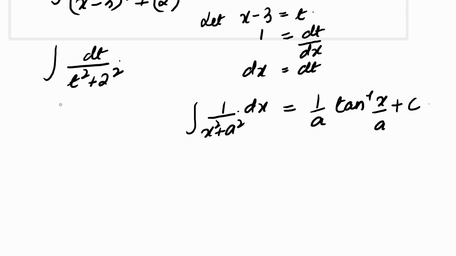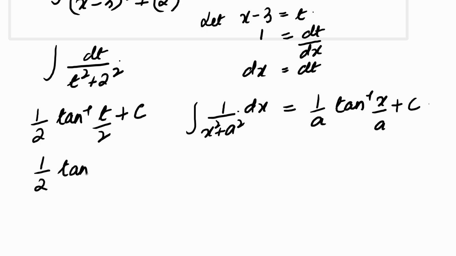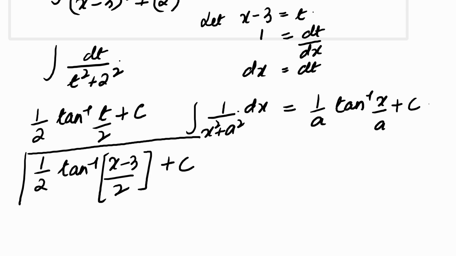So here this will become 1 upon 2 tan inverse t upon 2 plus c. For t we can write x minus 3, so it is 1 upon 2 tan inverse of x minus 3 upon 2 plus c. This is our integration I, and this is the answer.